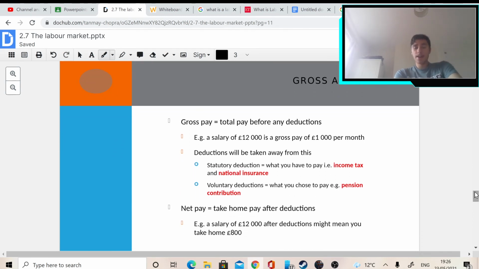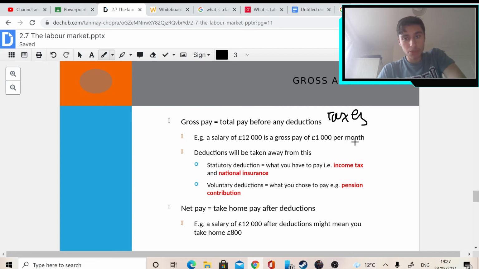Now, gross pay. For every person who earns an income, their gross pay is their total pay before any deductions such as taxes or national insurance. For example, a salary of 12,000 is a gross pay of 1,000 pounds per month.